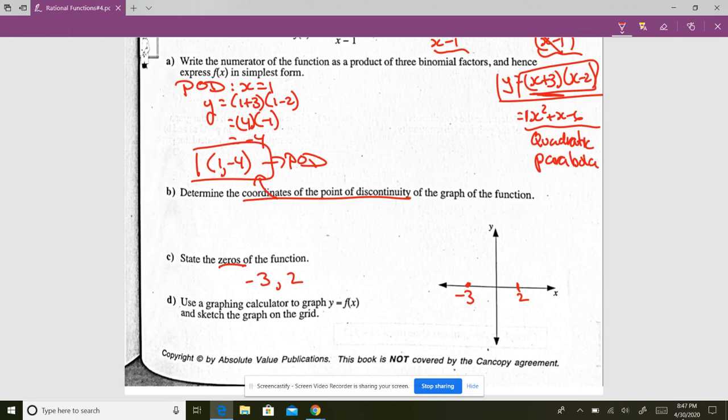And it's even degree, so both arms are up. Remember, at the coordinates 1 and negative 4, and just guess where negative 4 is, we have a hole. So the graph comes down. Oops. Erase this, sorry.